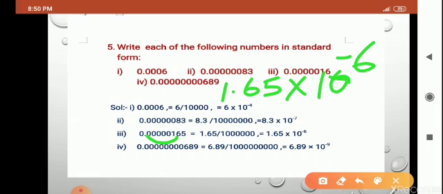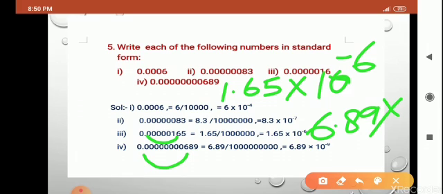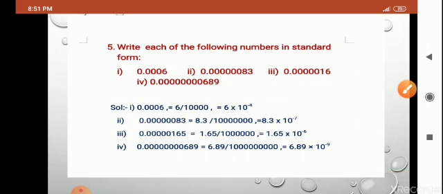Same for 4, here we shift the decimal point from this 6, that is 6.89 into 10 to the power, 1 2 3 4 5 6 7 8 9, that is 10 to the power minus 9. Okay students, I hope you understand it.